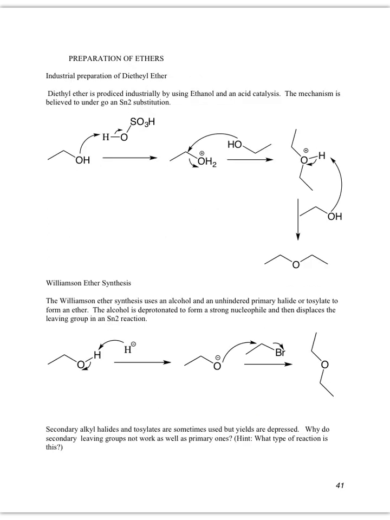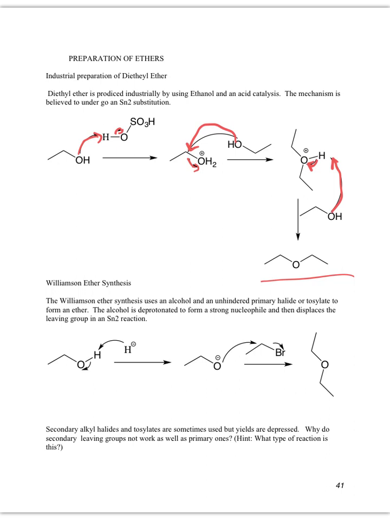So preparation of an ether, how can we do it? We can start with ethanol and add acid and slight heating, and we can get it to form the diethyl ether by first protonating the alcohol from the sulfuric acid, and then another equivalent of ethanol comes in to displace the water leaving group, and then we remove the hydrogen off of the ether with the ethanol that we have lots of to make the diethyl ether.